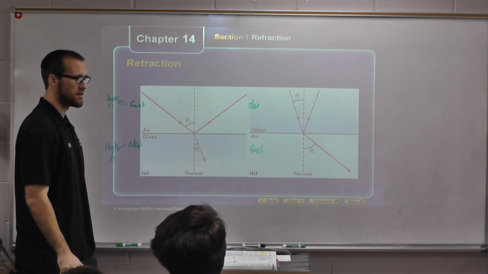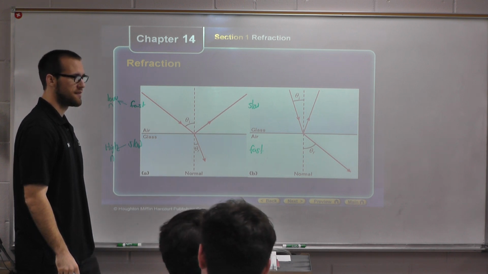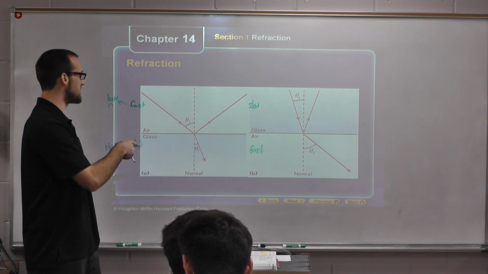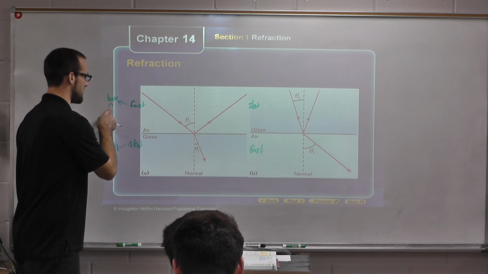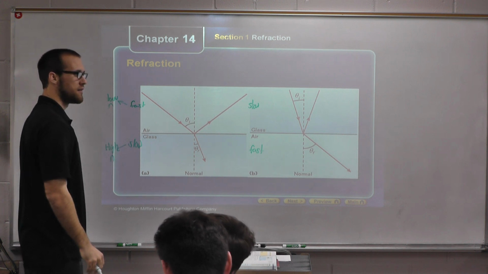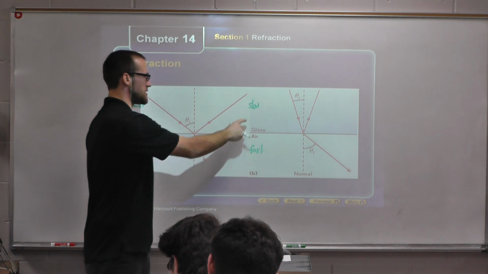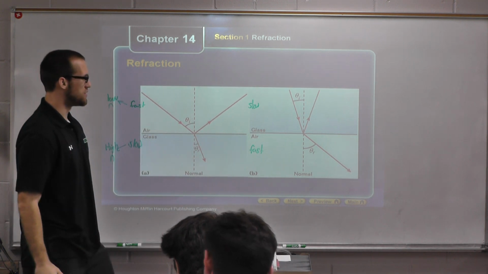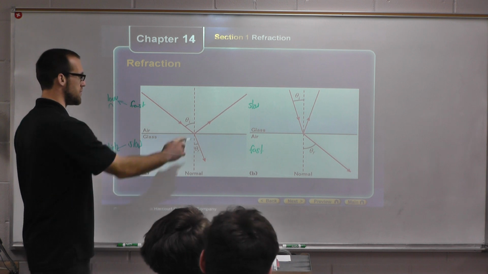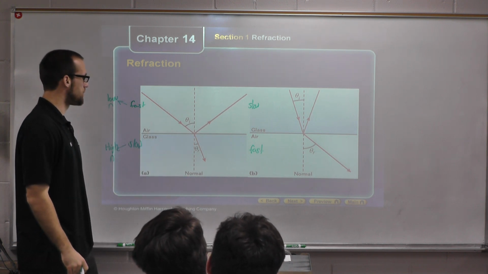It's the same thing I just showed on the previous slide, where when the index of refraction is low, it's fast. Moving slow is the same as saying it has a high index of refraction, and moving fast is the same as saying low.